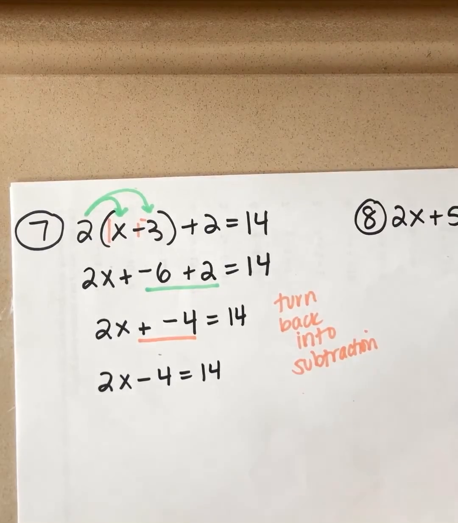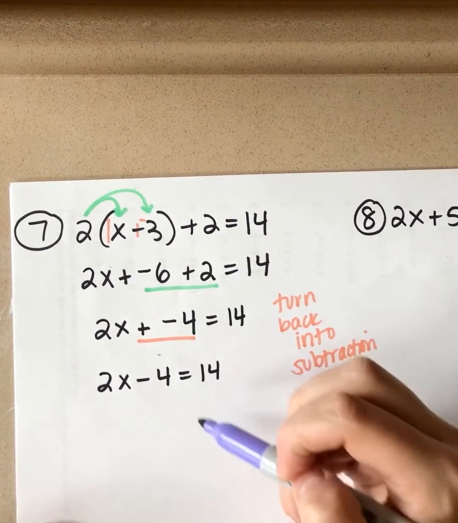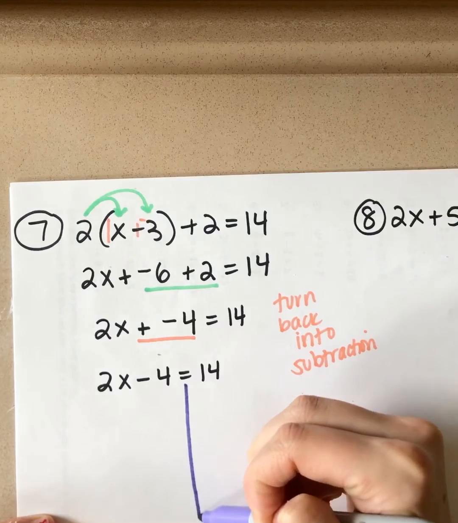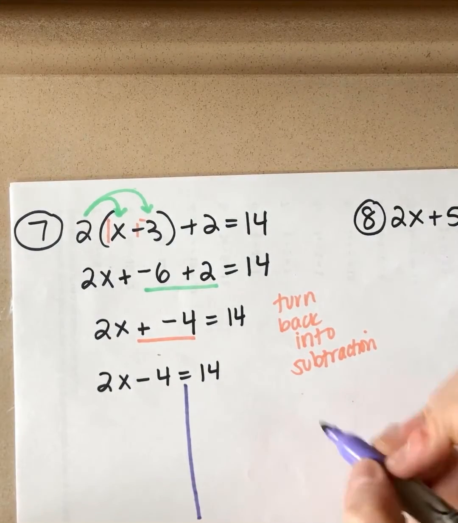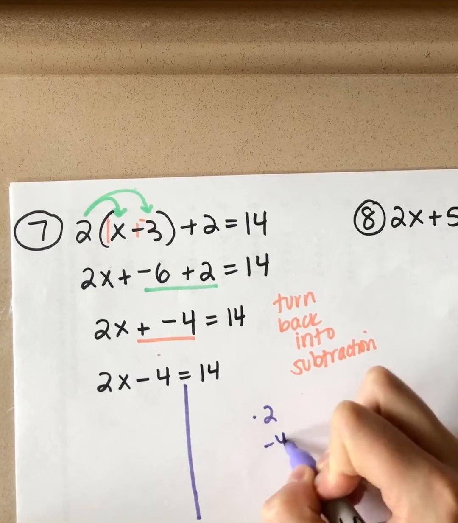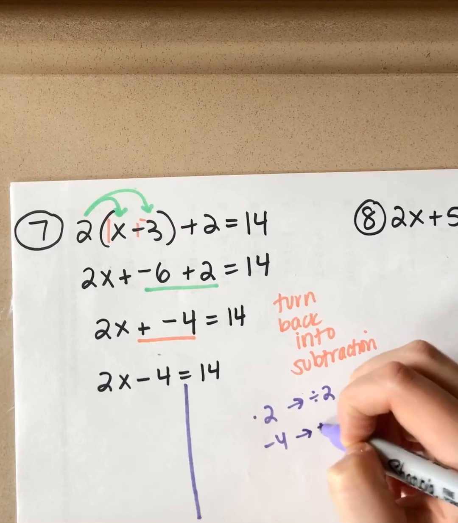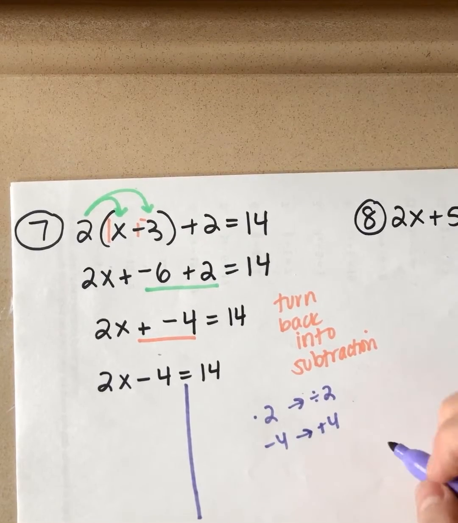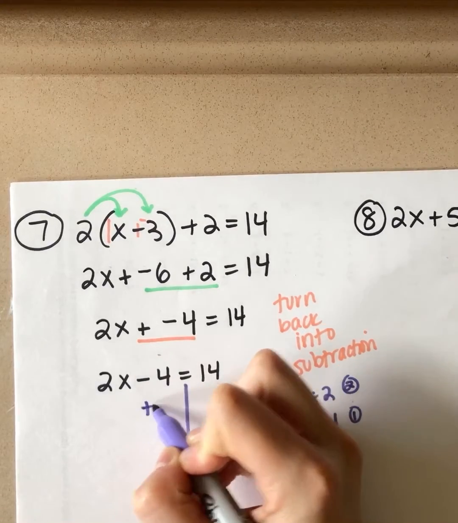But now I'm ready. It looks like something that I'm used to solving, so I'm ready to drop that line down for my equal sign and identify my operations. In this case, I have times 2 and minus 4, which I'll turn into divide by 2 and add 4 for my steps. I'll do this one first, this one second. On both sides, I will add 4.